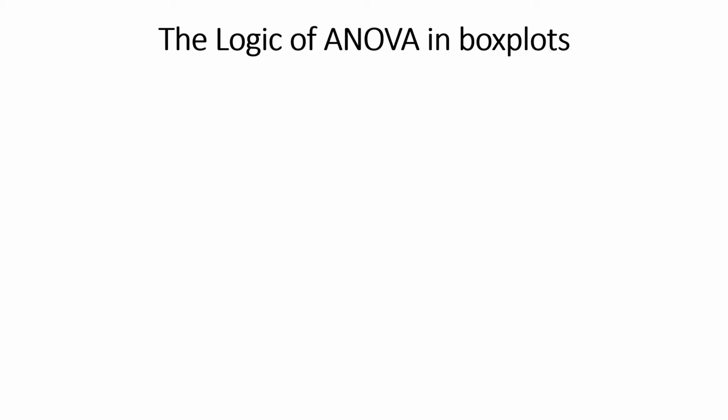Okay, so if we think about box plots as both a way to measure the center and the dispersion of a sample, and bear in mind that the middle of a box plot is the median, not the mean, but it still will work for what we're going to do.